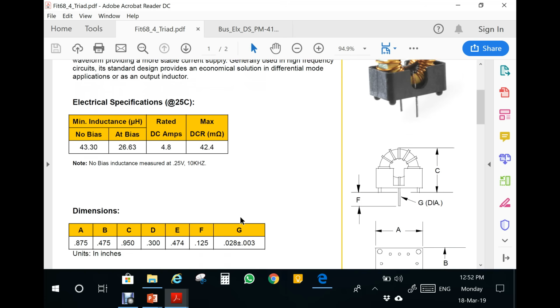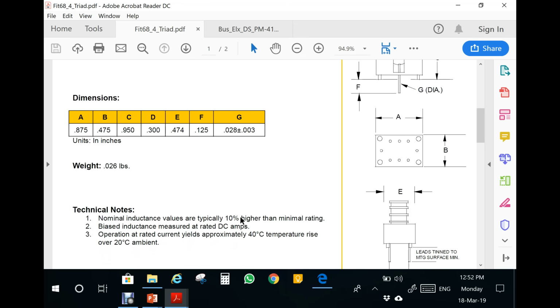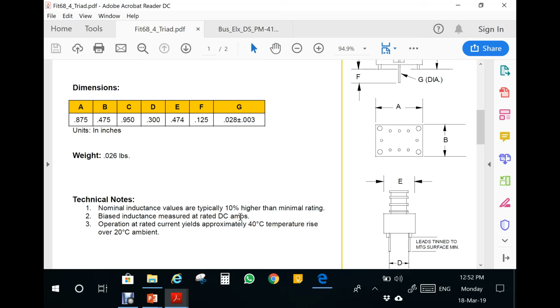And then there are some dimensions and weight. And it says here that operating at rated current yields approximately 40-degree temperature rise over 20-degree ambient. Well, you don't have to say the 20-degree, but 40-degree temperature rise. But the question is whether it's delta 40 or 20.